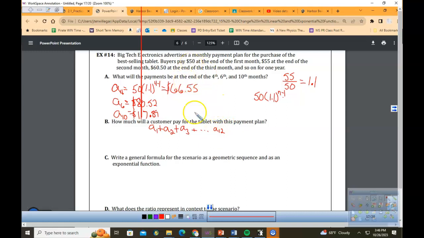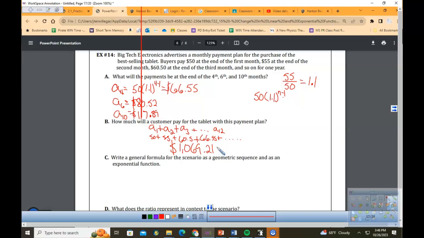So I would do my $50 plus my 55 plus my 60.5 plus my 66.55 plus a bunch of tedious work, which we get by plugging in our formula, or you can just take each one times 1.1 and make your list. When you add all those up, you can check it. You get $1,069.21. That's like a yearly salary for me.